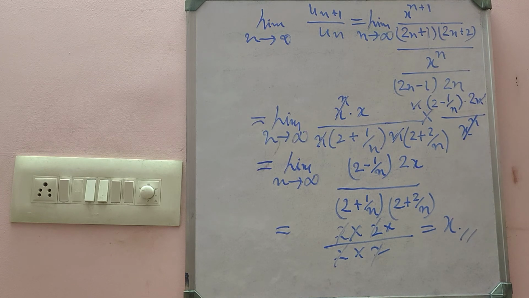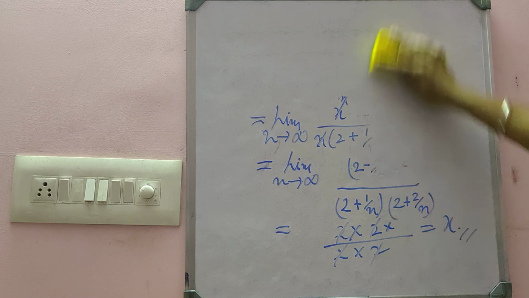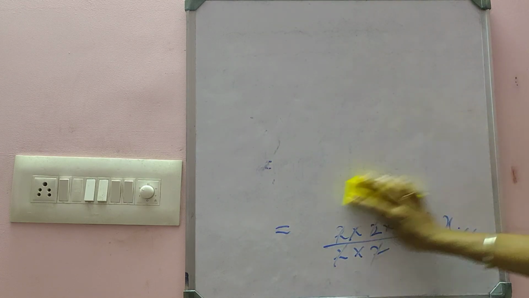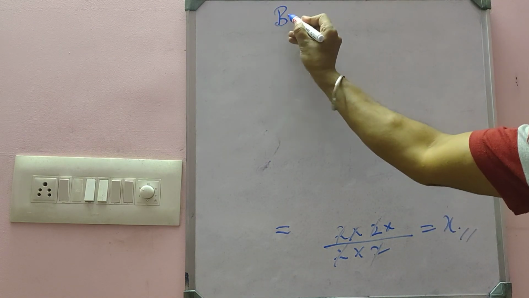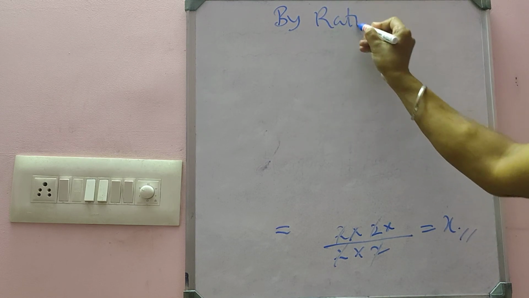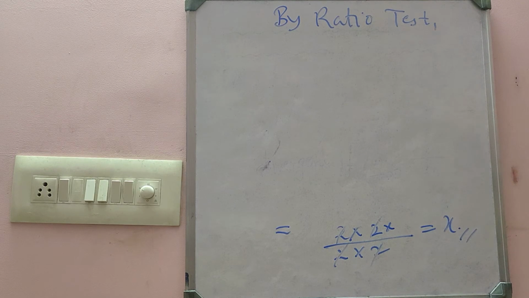So now using ratio test, you have to write by ratio test what is our sufficient condition. You know, when limit n tends to infinity u(n+1) by un is less than 1, it will become convergent, greater than 1 it becomes divergent.